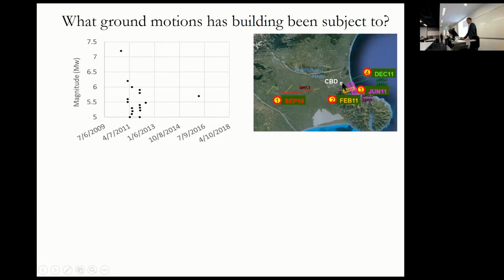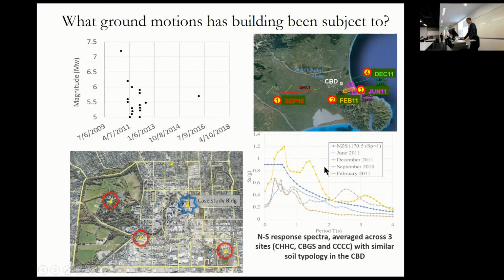If we look more closely, we had actually 4 recording stations that could have been relevant to our building. You can see them here, one at the top, and then these 3 that are circled in red. The 3 that are circled in red had similar soil profiles to our case study building.